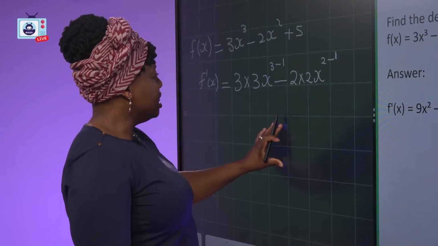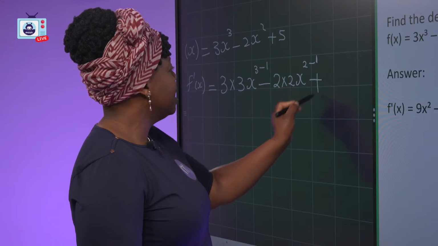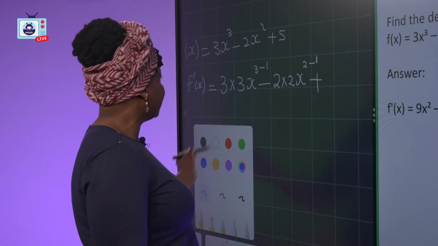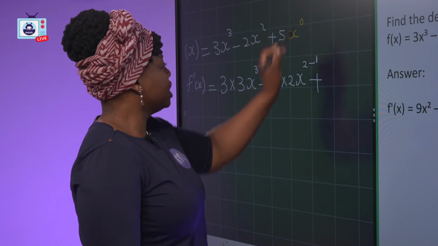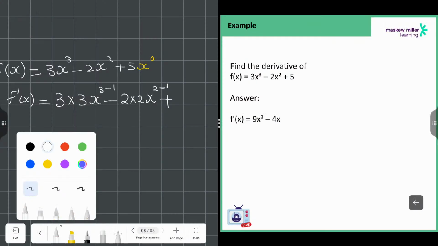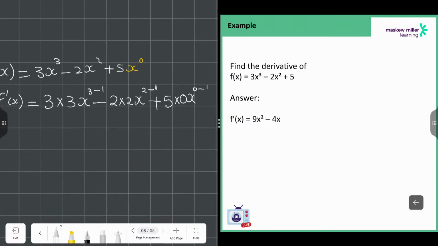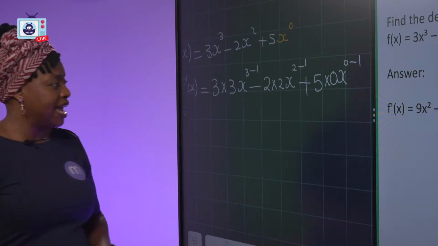And then remember we said that the derivative of the constant always has an x with an exponent 0. So we're going to have 5 multiplied by 0, and then x to the exponent 0 minus 1. So that is what we have, right?